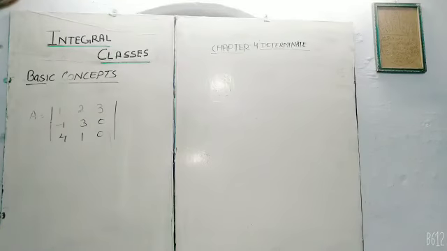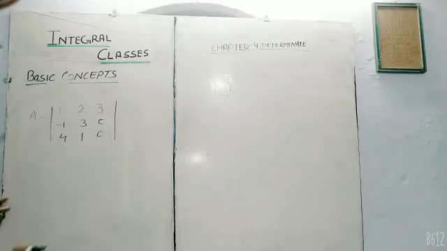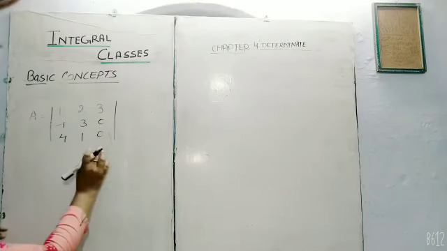Now the next property: if we are given any matrix, how can we find the determinant? It's very easy, as we have done. But here, students, we have observed these two zeros. So if we find the determinant of any matrix, we expand the determinant along that row or column which contains the maximum zeros.